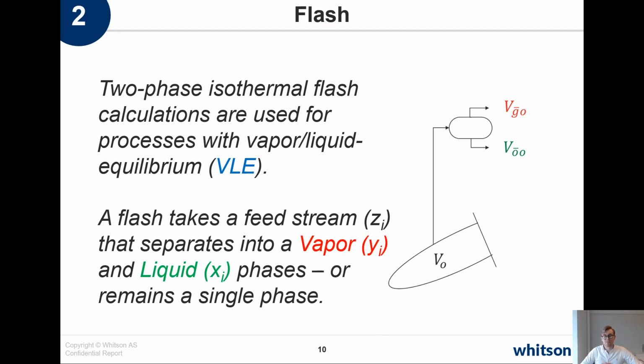So many times if I say we produced that field and we flashed it to the surface, and we got a separator gas and a separator oil, for instance, then I'm really talking about this particular process where a total composition partitions into different phases or remains single phase depending on the conditions, and the conditions here being temperature and pressure.